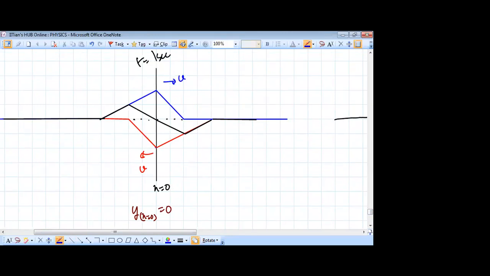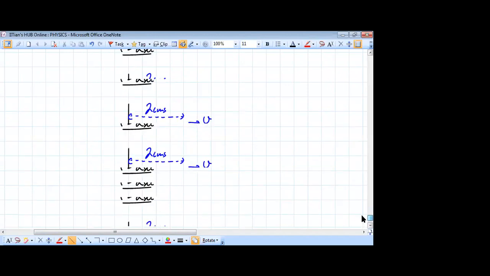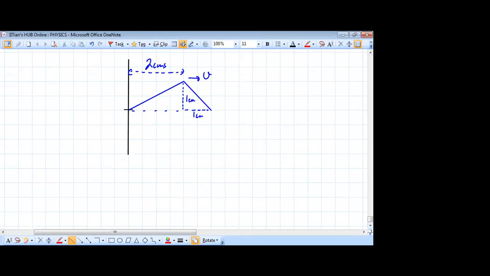So this peak has gone from here to this point. So they've actually just crossed each other at this instant.